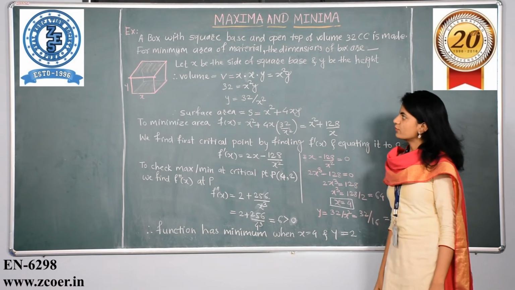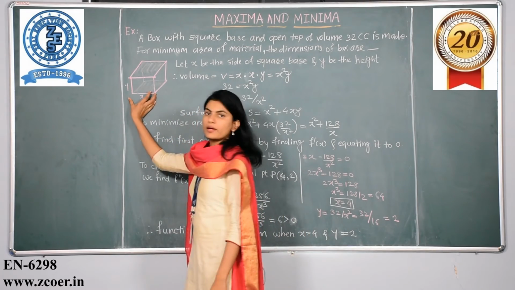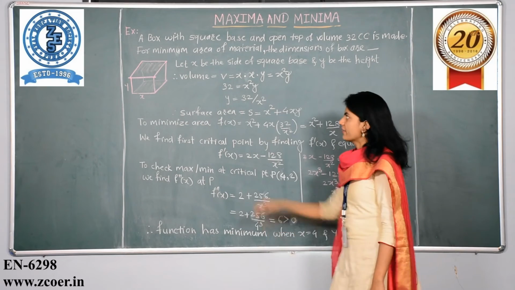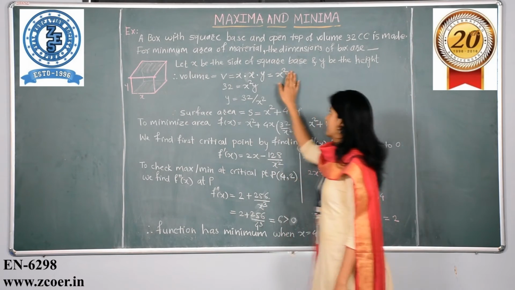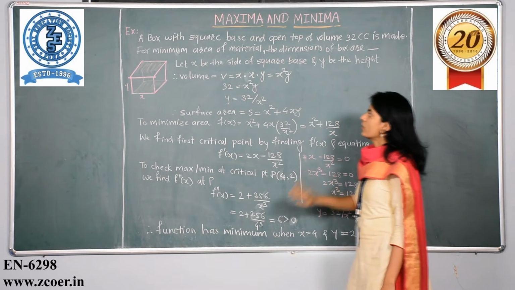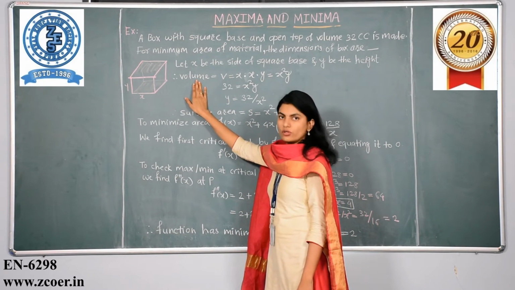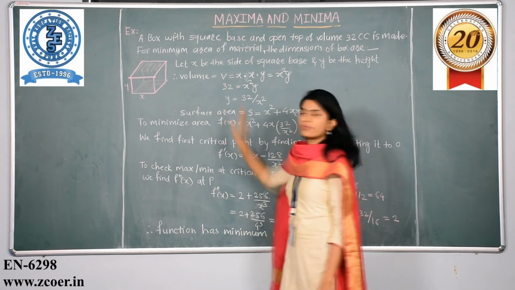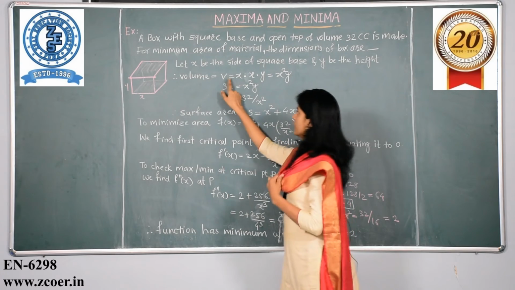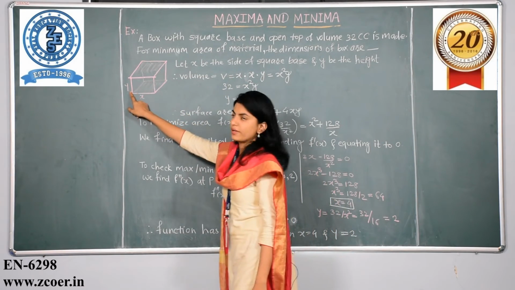To solve this problem, let us consider x is the base of the box and y is the height of the box. I have written here, let x be the side of the square base and y the height of the box. Now you know the formula for the volume. Volume is equal to length into breadth into height. So here V is equal to length x, breadth x and height y.